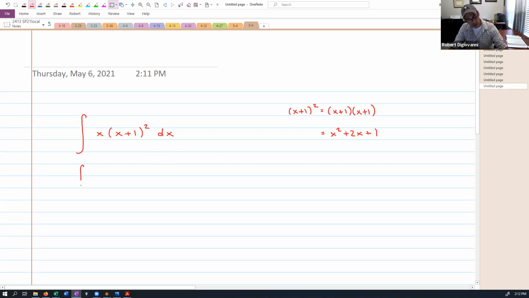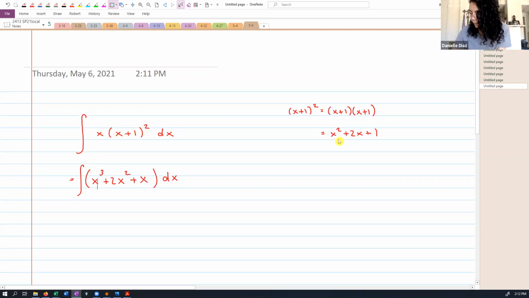So I could, if I wanted to, convert this problem into x cubed plus 2x squared plus x dx, and then just figure this out. Do you all agree I could do that? Just take that, boil it out, get that, distribute the x through, and then each of these, check, check, check.